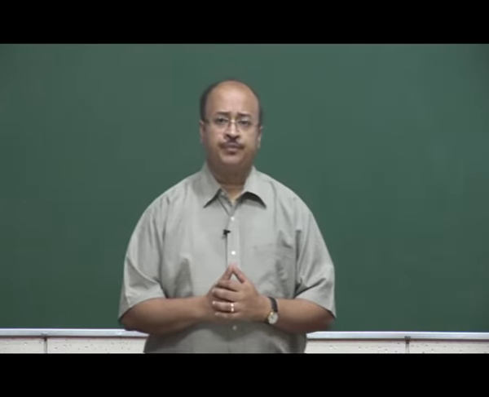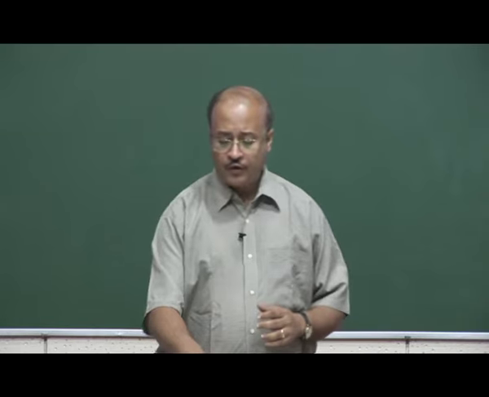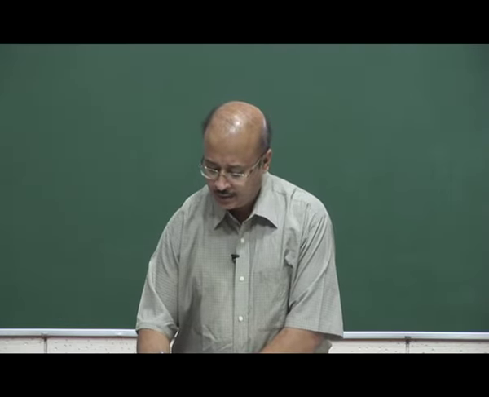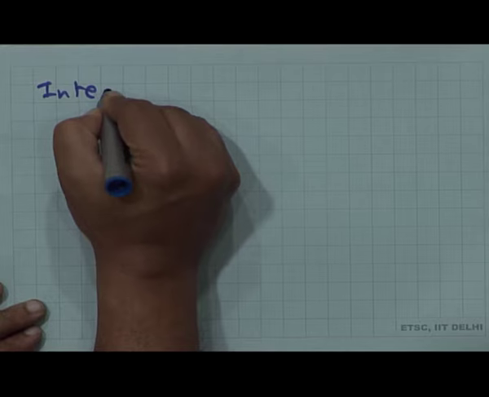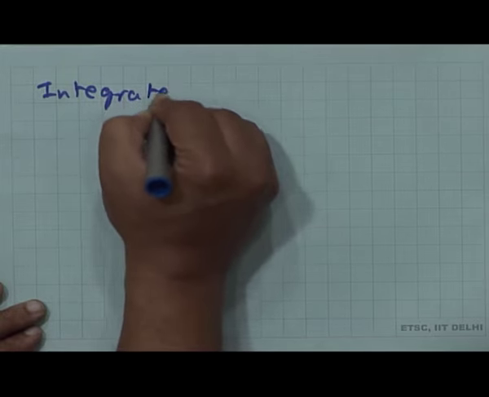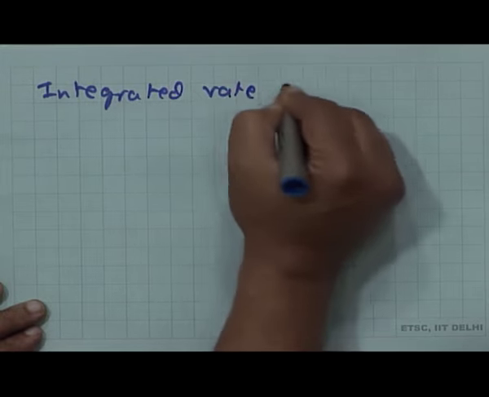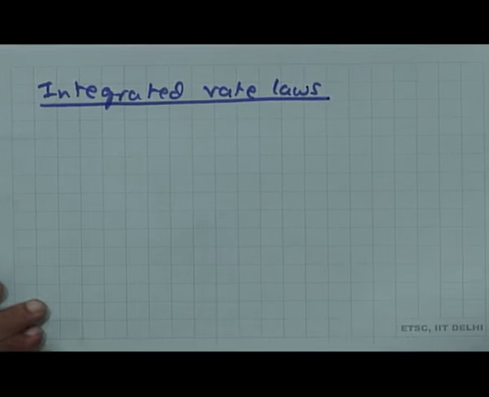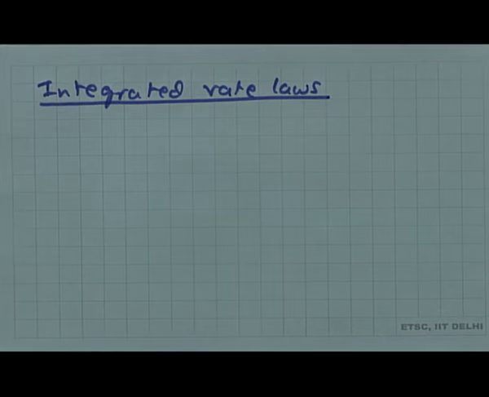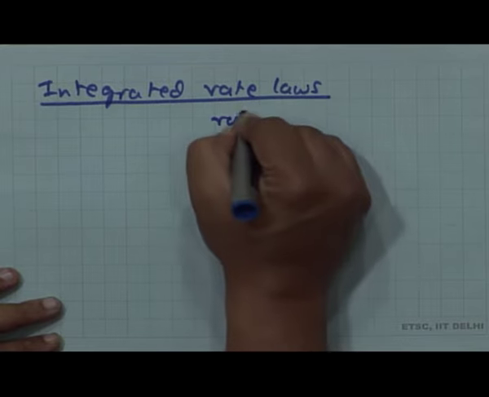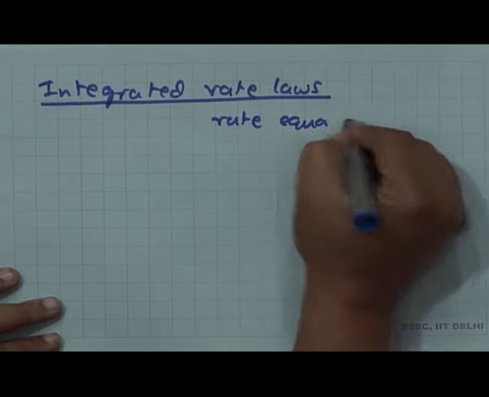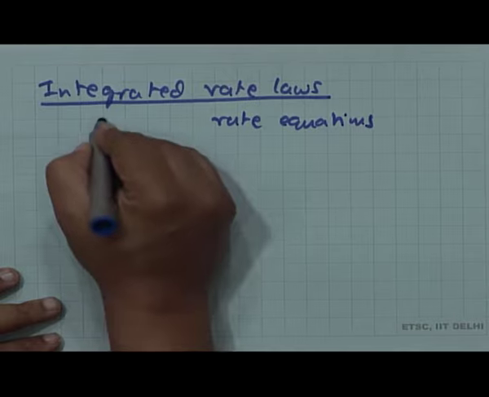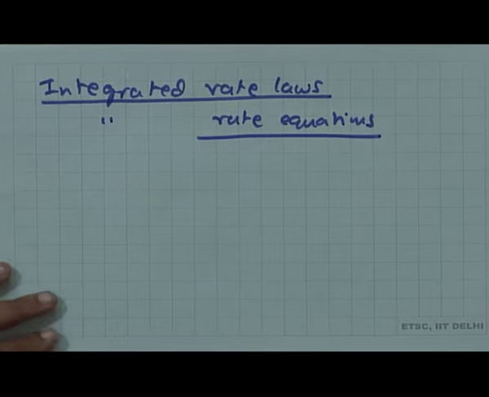So, for this what we do is we go for something known as integrated rate laws, or integrated rate equations or rate expressions, whatever.